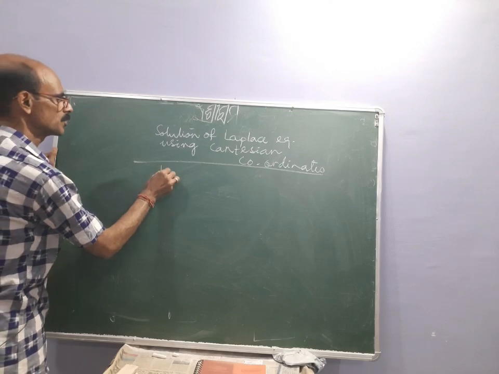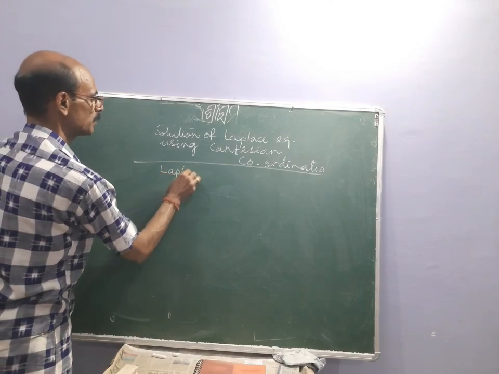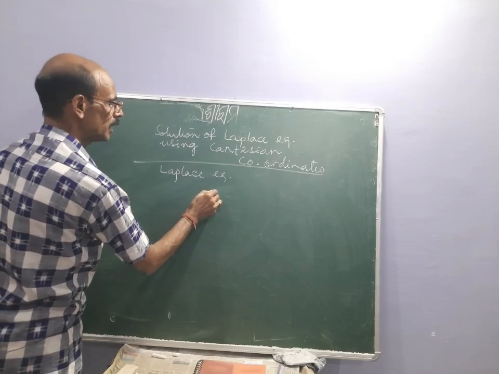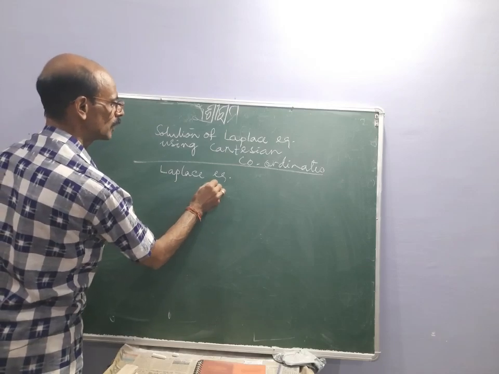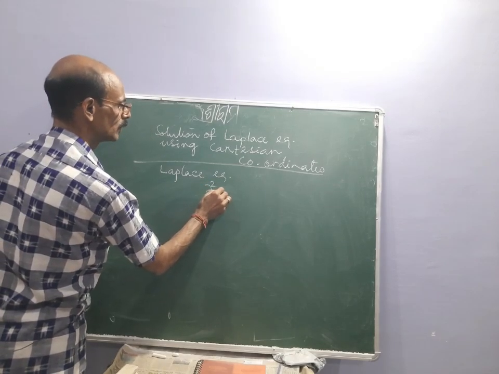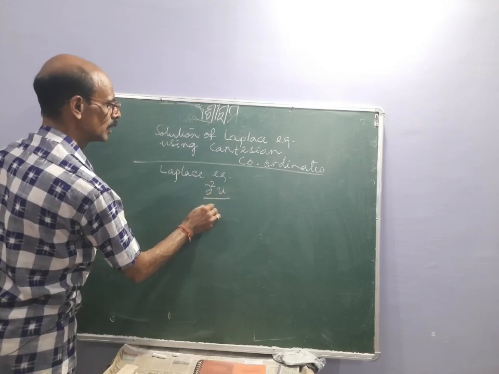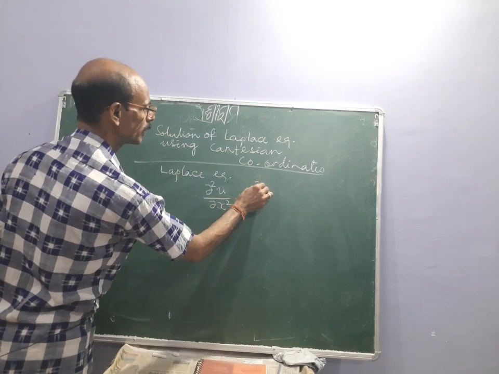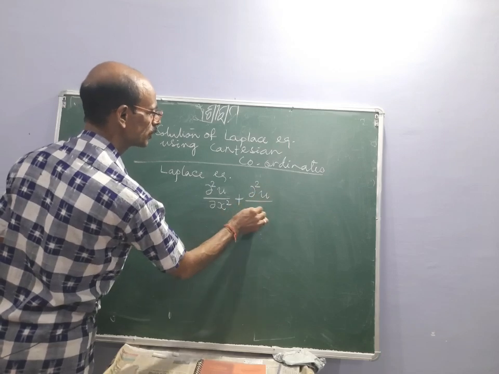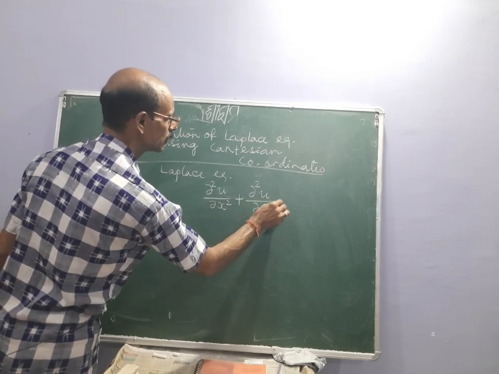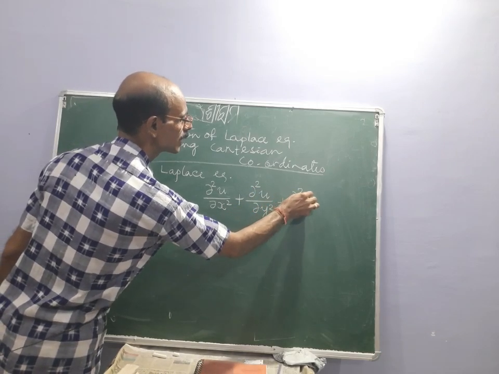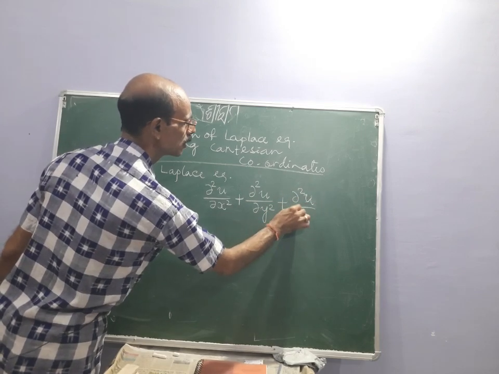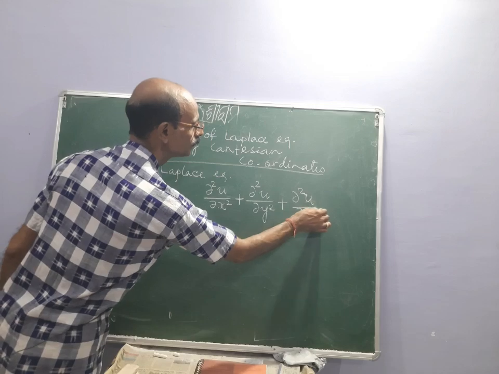First, the Laplace equation. Let me write the Laplace equation. Any equation in this form: del square u by del x square plus del square u by del y square plus del square u by del z square is equal to 0.